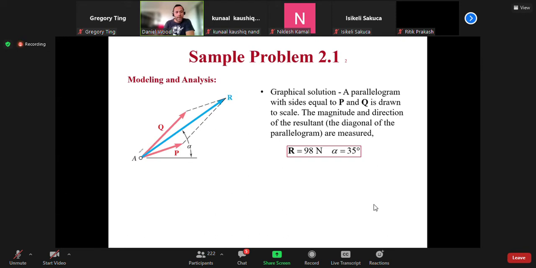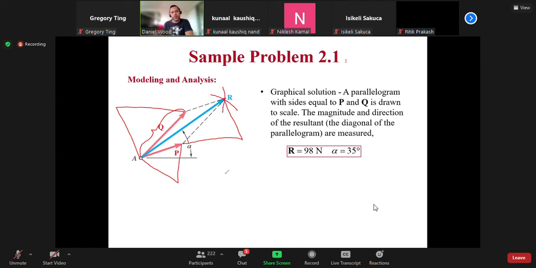So you can measure this length Q over here, and then with the compass, you measure Q, then bring that compass to the tip of P and scribe an arc. You can do the same for Q. Bring in a compass here, measure that length of A to P, and come over here and scribe an arc.